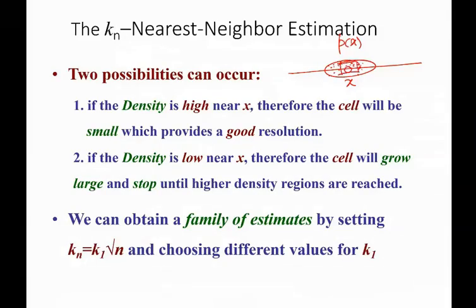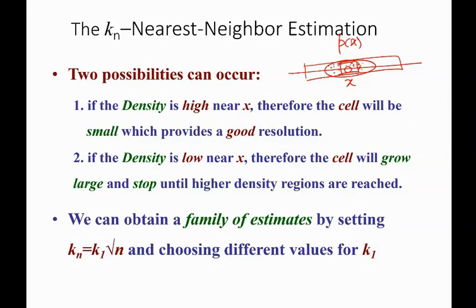Very small volume is sufficient, and you get a very good estimation when you have more samples. When you have low sample density around x, then you need to grow this window. You have to form a big window around it, and your estimation is not that good. So higher density will give you more accurate results.